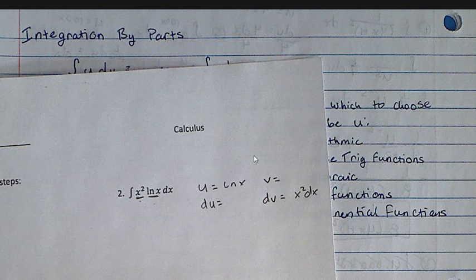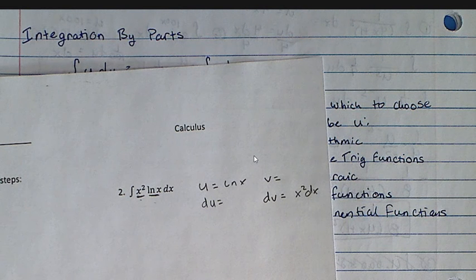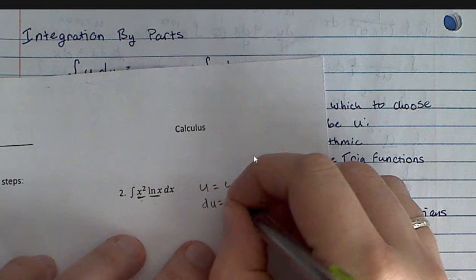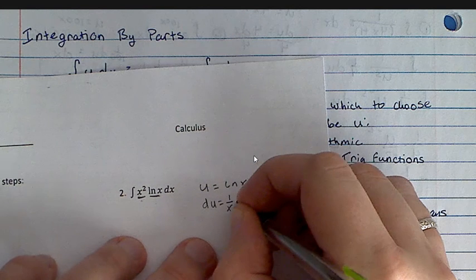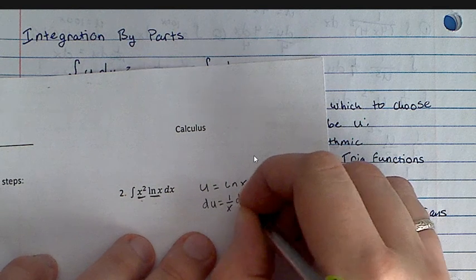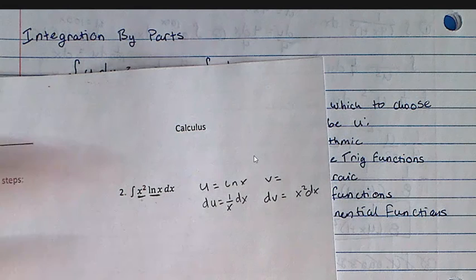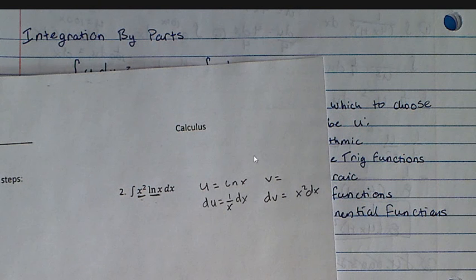All right, so let's fill in the rest of this little box thing. If u is ln x, then what's the derivative of the natural log? 1 over x dx. Yep. So the derivative of the natural log is 1 over x dx, because the antiderivative of 1 over x is the natural log.